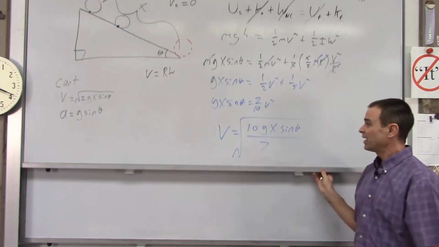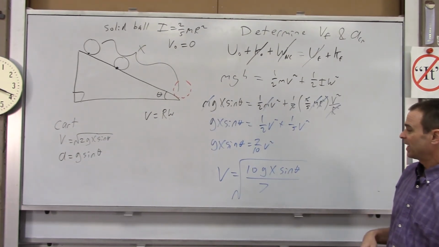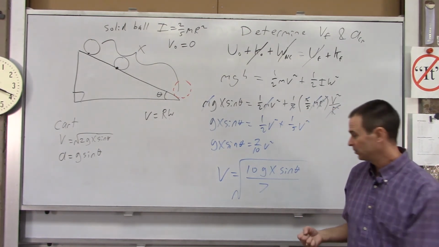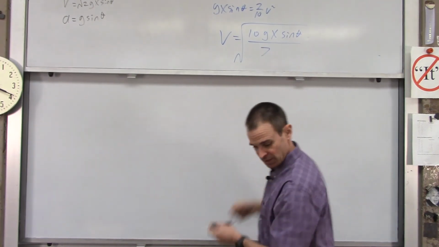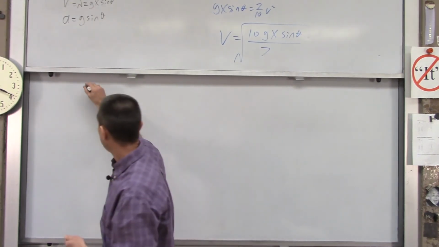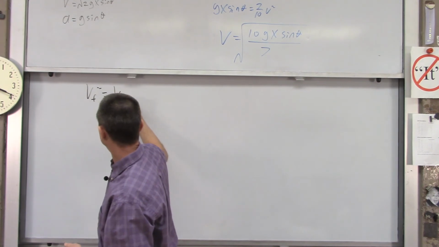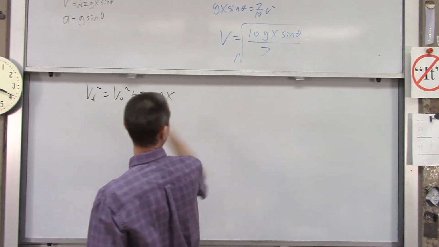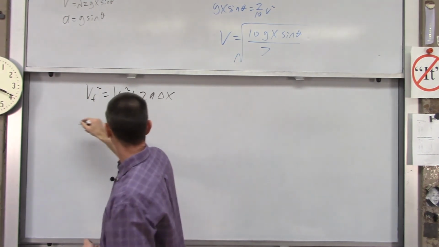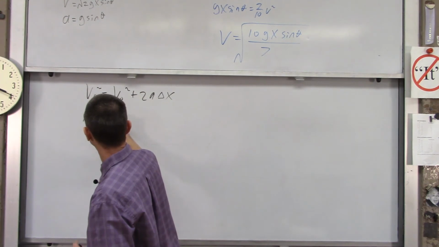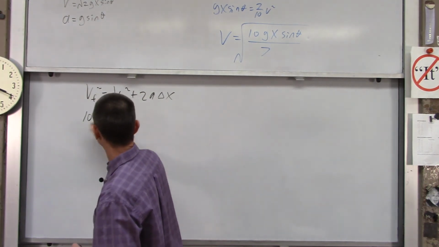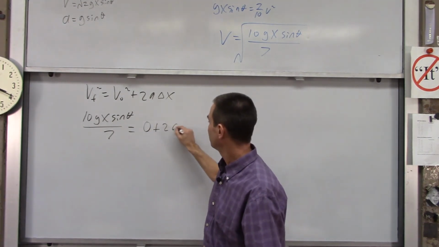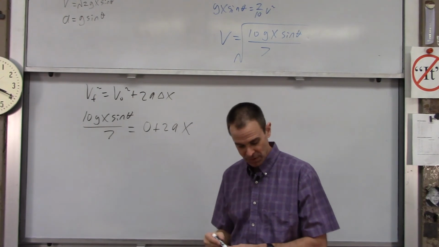All right, so you've got the final velocity of the ball. Now to find the acceleration of the ball, the easy way is just to use kinematics. I would personally use v final squared equals v naught squared plus 2a delta x. We've got v final. If I square it, the square root goes away, so you get 10 gx sine theta over 7 equals 0 plus 2a, and delta x is simply x in our problem.